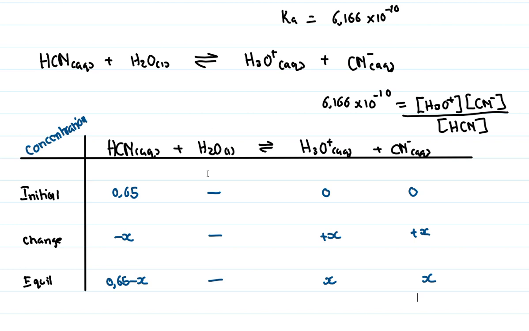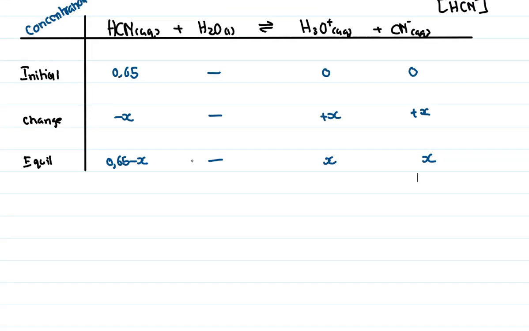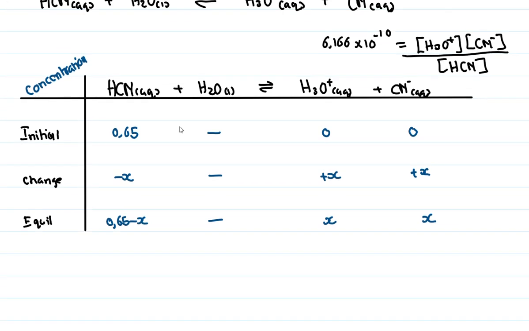So now we have to find the value of x. We're going to use the Ka expression to find the value of x. So we have that value, 6.166 multiplied by 10 to the power of negative 10, is equal to the concentration of hydronium ion, which is x, and the concentration of cyanide ion, which is x.